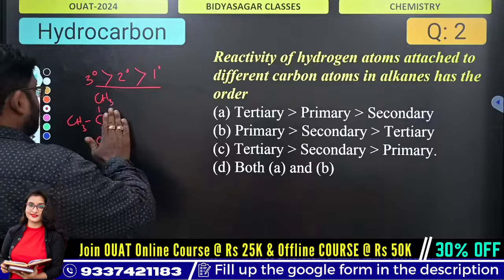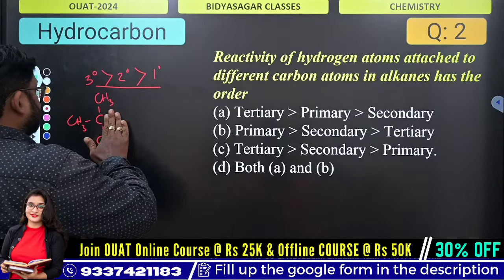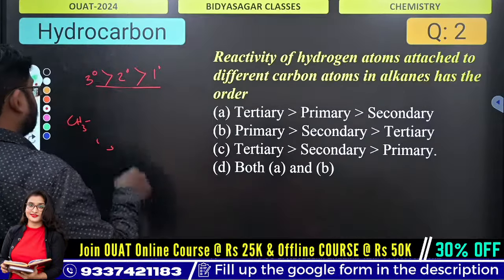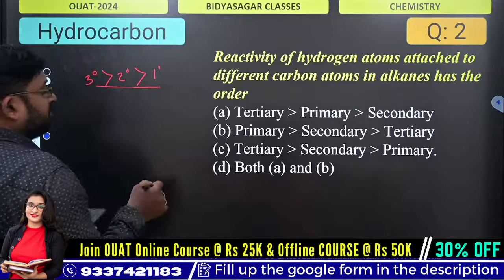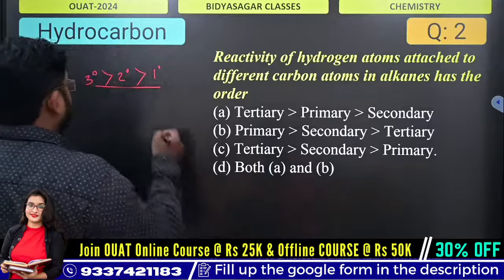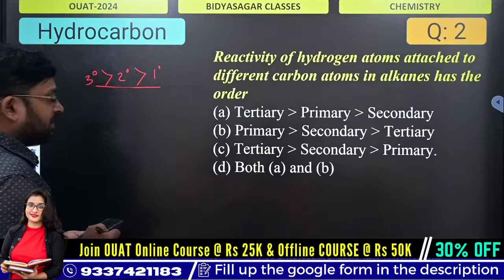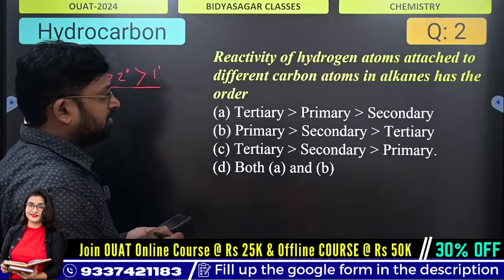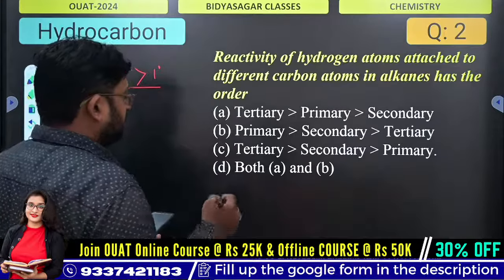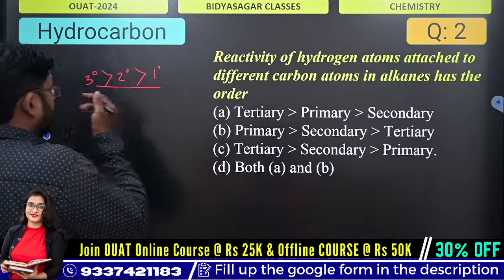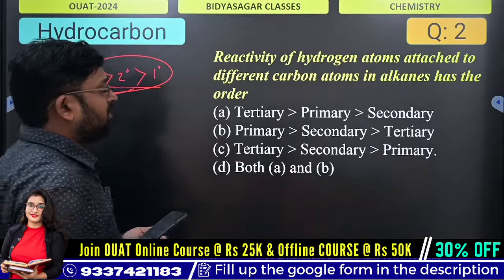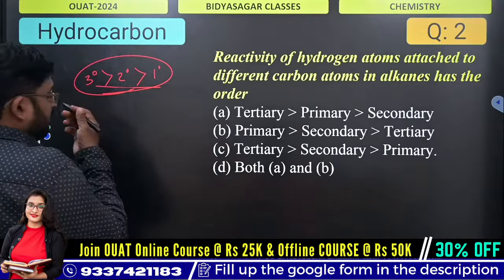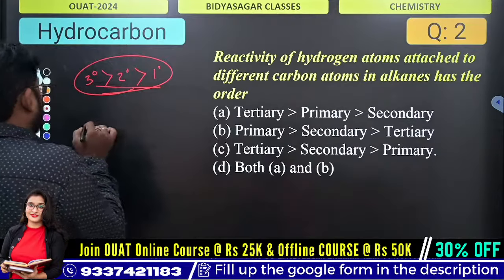Because tertiary free radical is more stable, the reactivity of hydrogen: tertiary is more reactive than secondary, and secondary is more reactive than primary. This is the order because the reactivity of the hydrogen atom depends on the free radical formed.